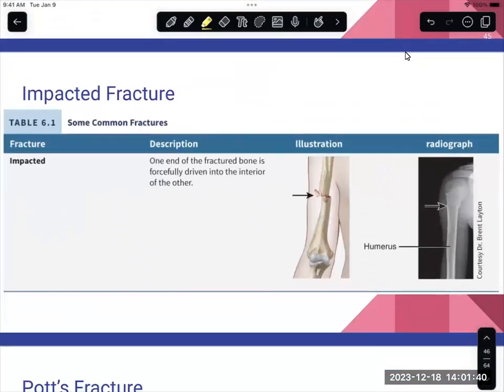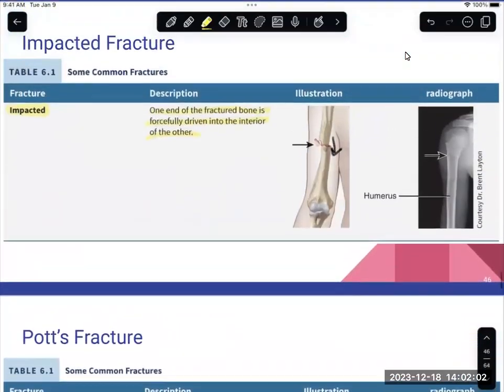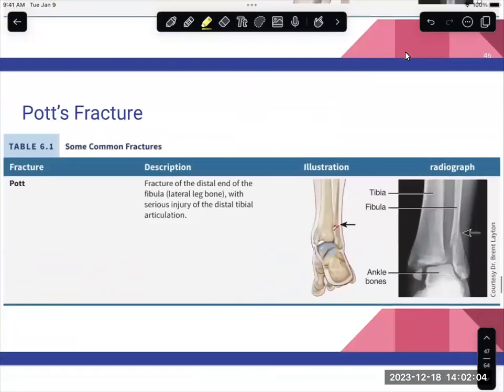An impacted fracture is where one part of the bone goes down inside of the other part of the bone below it. It's forcibly driven into the bone below it. Those are the most common ones you're going to see.